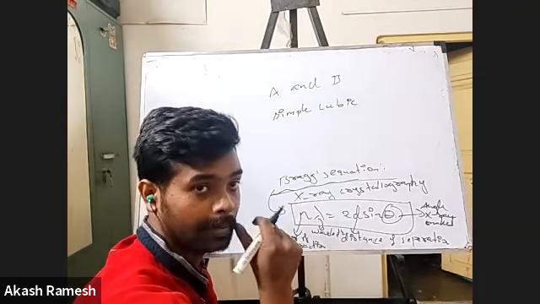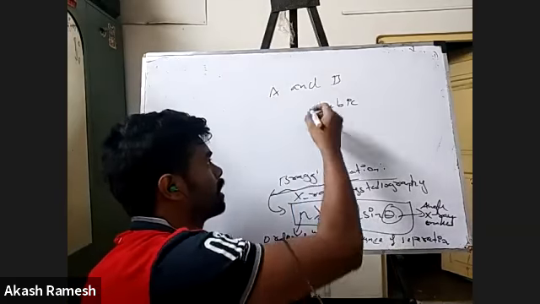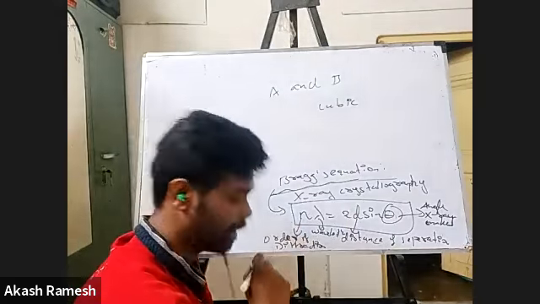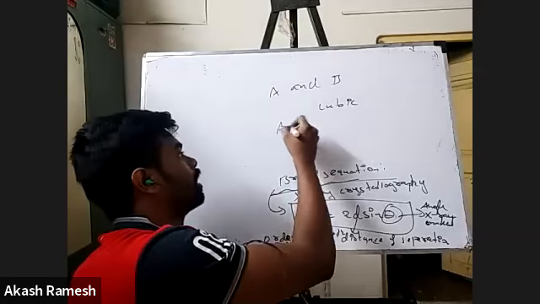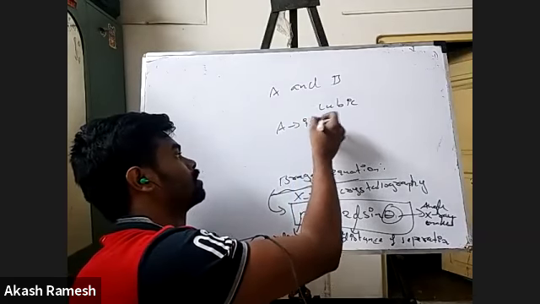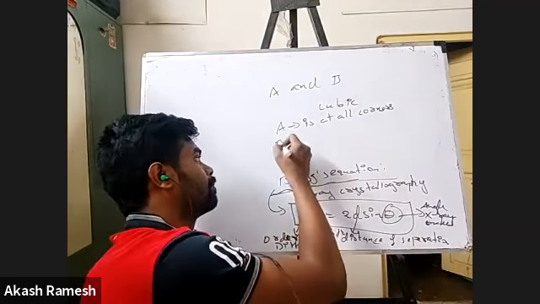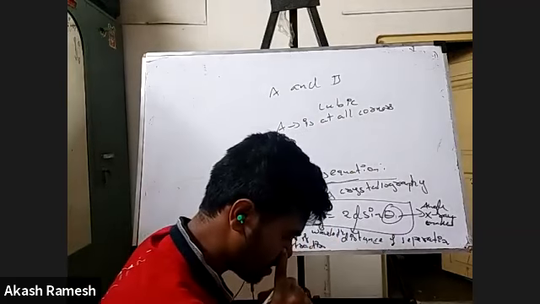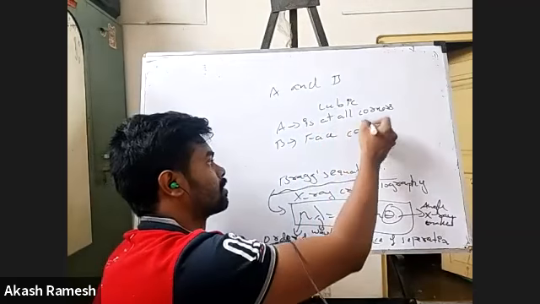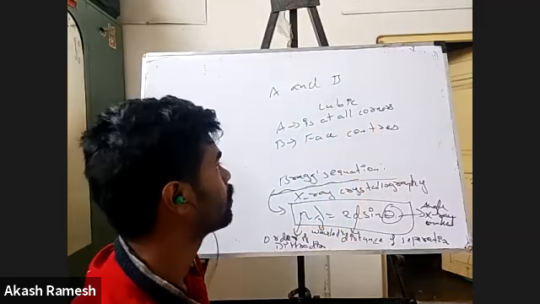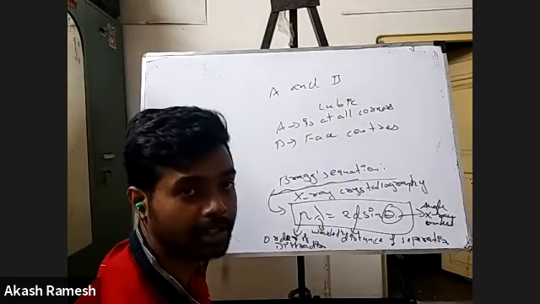It has a cubic structure, and what they say is A is at all the corners, and B is at the face centers. So A is present in all the corners, and B is present in the face centers.